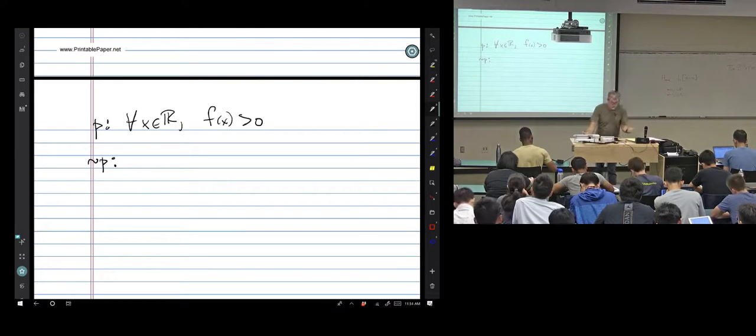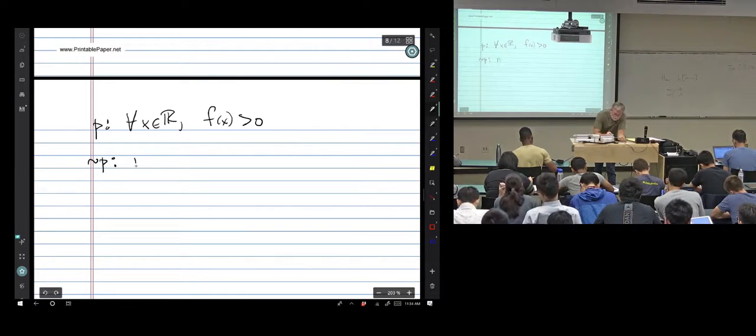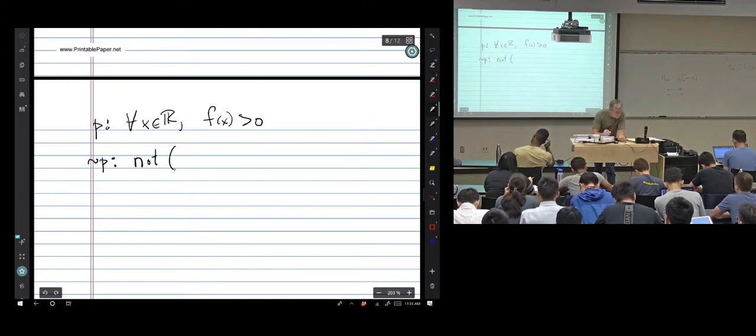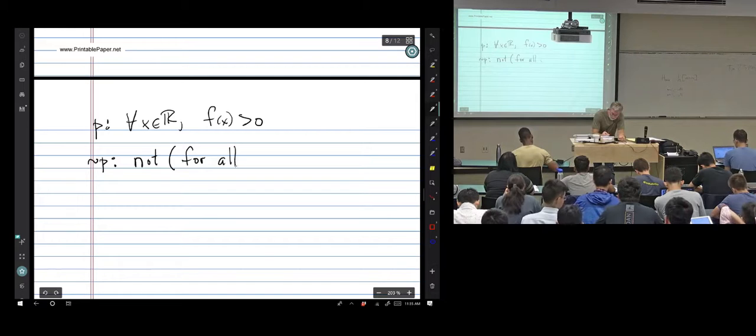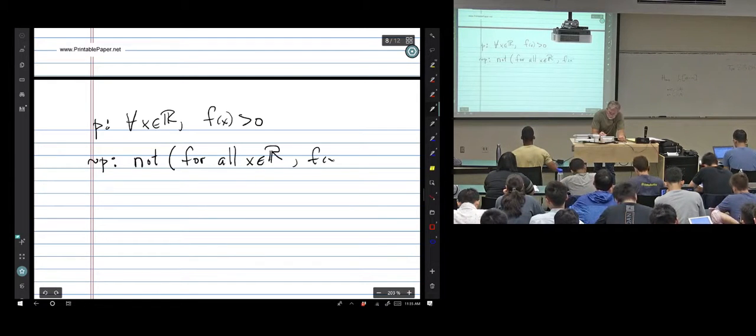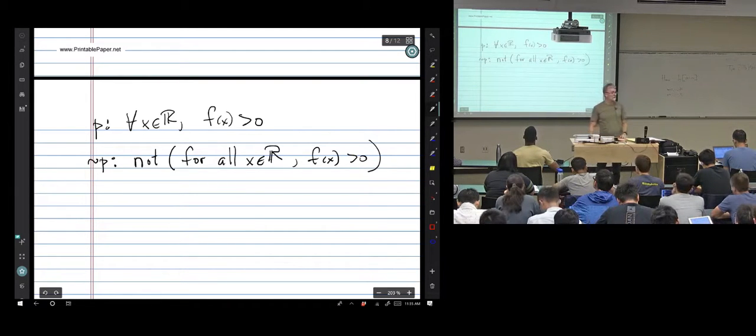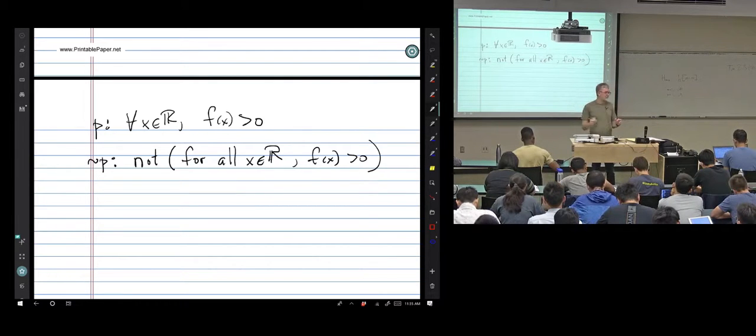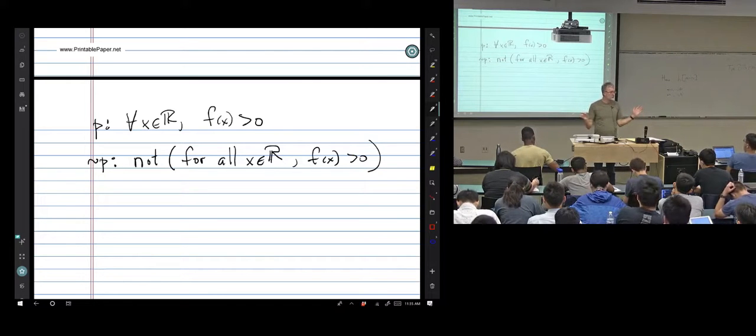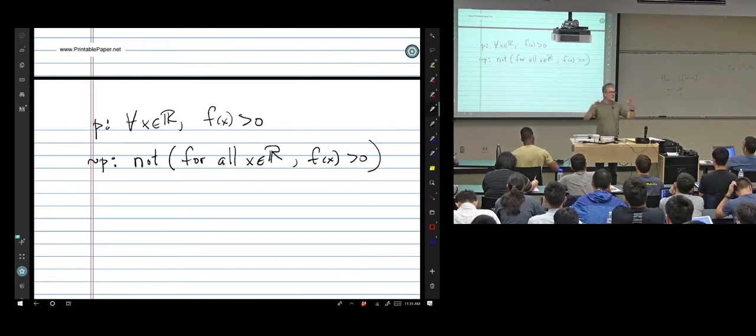So, the not of P is not for all x in R, f of x is bigger than 0. So step 1, express it in written words. If you want to make the graders super happy, use a native tongue that is not English, okay?